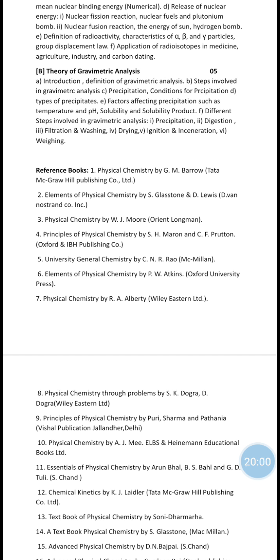And there are some steps, that is precipitation, solubility, digestion, filtration, washing, drying, ignition, incineration, and weighing. All these are the steps that are involved in the gravimetric analysis. Then we will see conditions of precipitation and factors affecting precipitation. All this could be learnt in the third semester of your BSc SY.